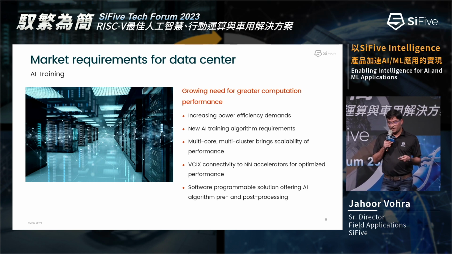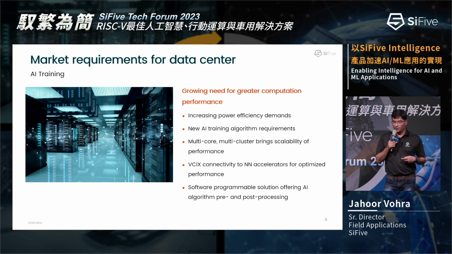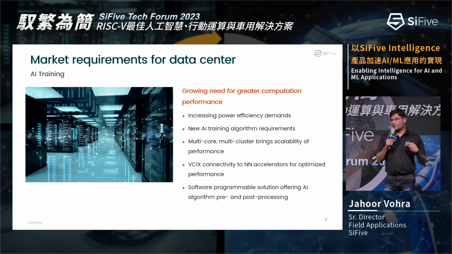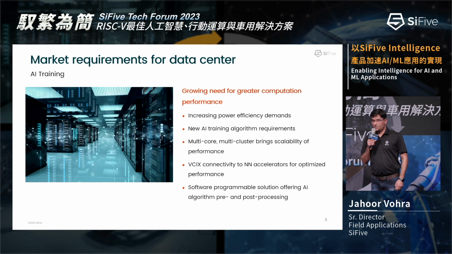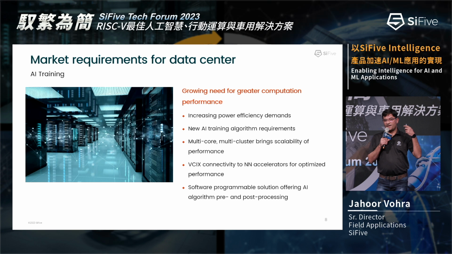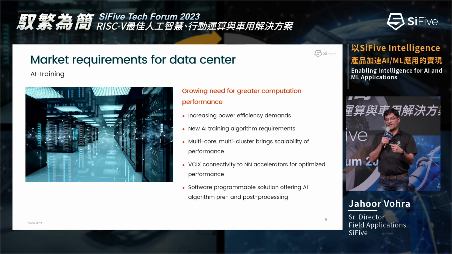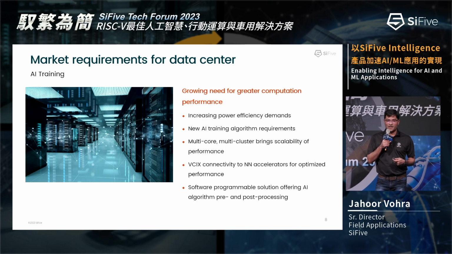The other value in this paradigm was also the ability to make it easy from a software programming standpoint. So being able to use a single instruction stream that can target the scalar pipeline, the vector pipeline, but also instructions targeted for custom accelerators was very attractive to the customer.